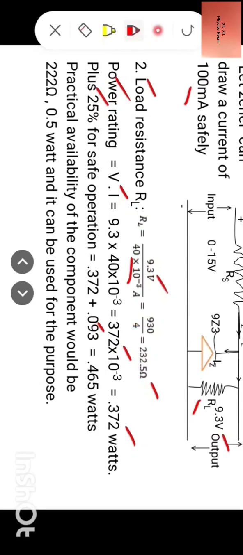When we add 0.372 and 0.093, it comes out to be 0.465 watts. Practically, calculated values are not available in the market. Practical availability of the component would be 222 ohm, 0.5 watt, which is very near to the calculated values, and it can be used for the purpose of designing.